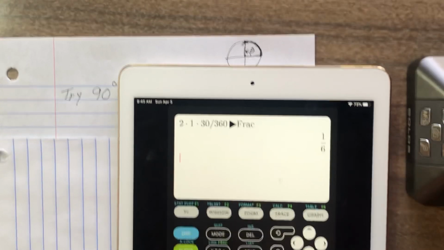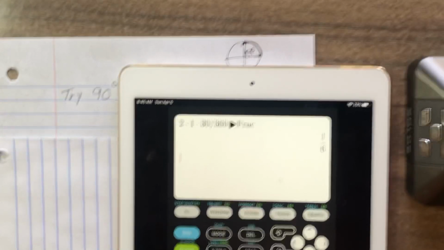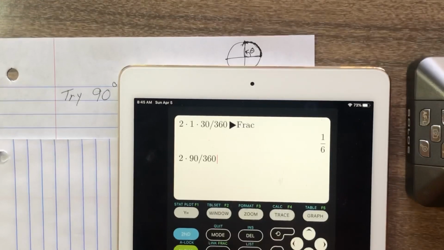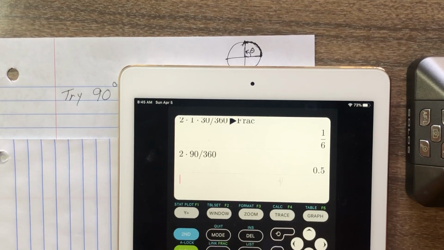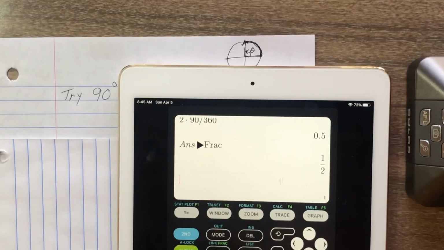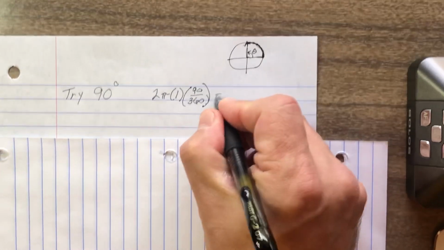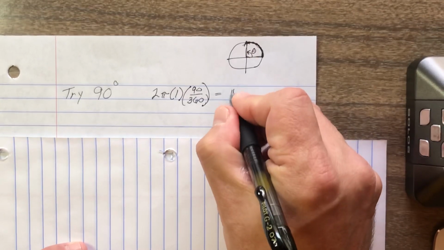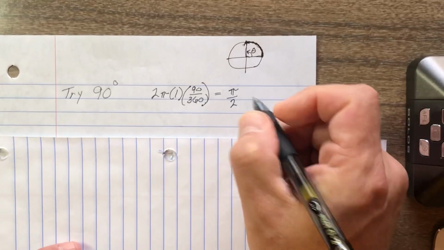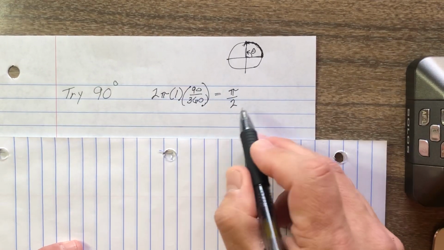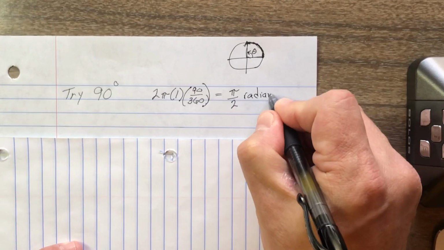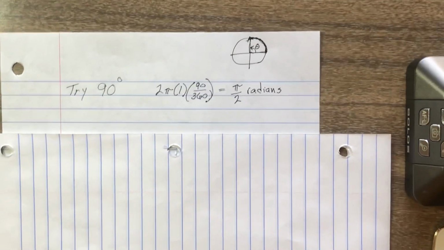Oh, I typed 0.9, I'm sorry. 2 times 90 divided by 360, and it gives us, if I turn that into a fraction, a half. And so that means that the answer is, for 90 degrees, it's pi over 2. Because remember, we didn't multiply by pi. This is in terms of pi. This is how many radians that's equal to.